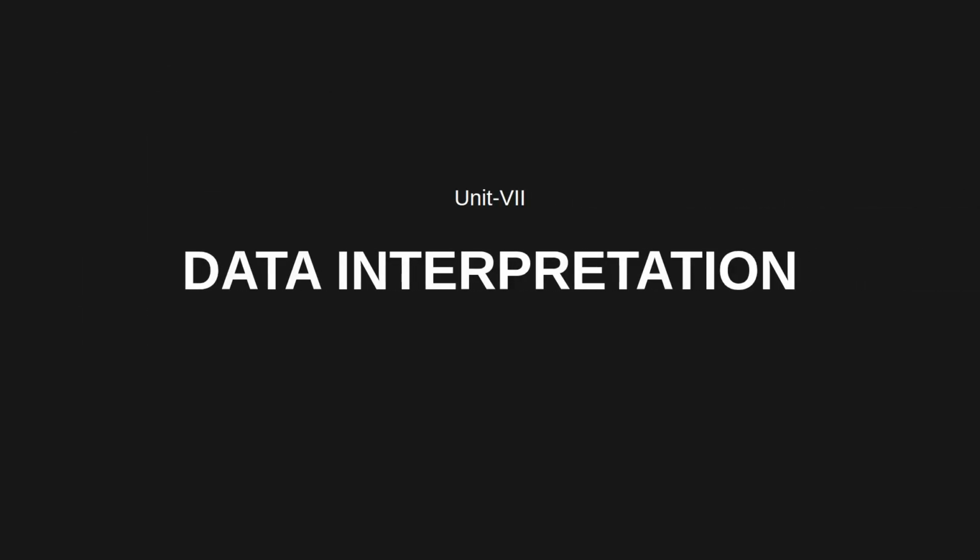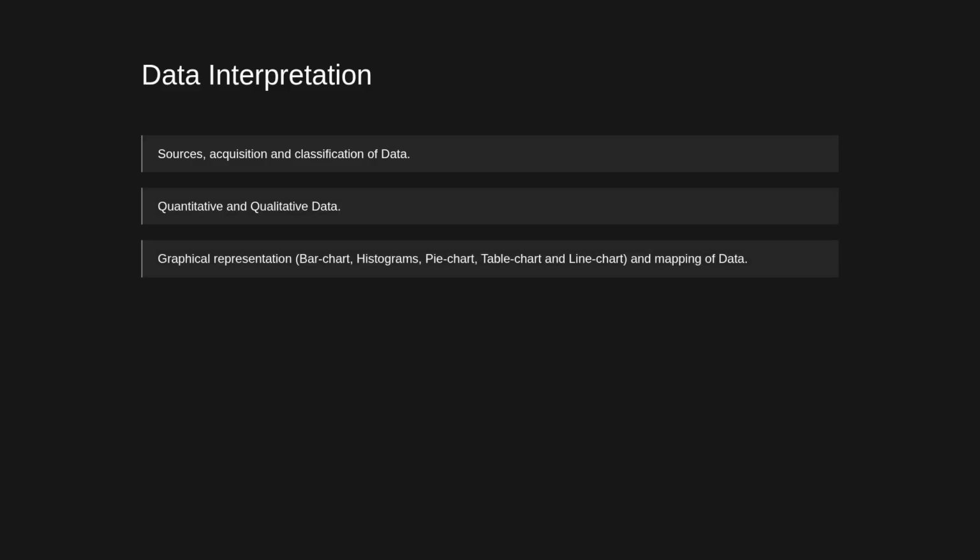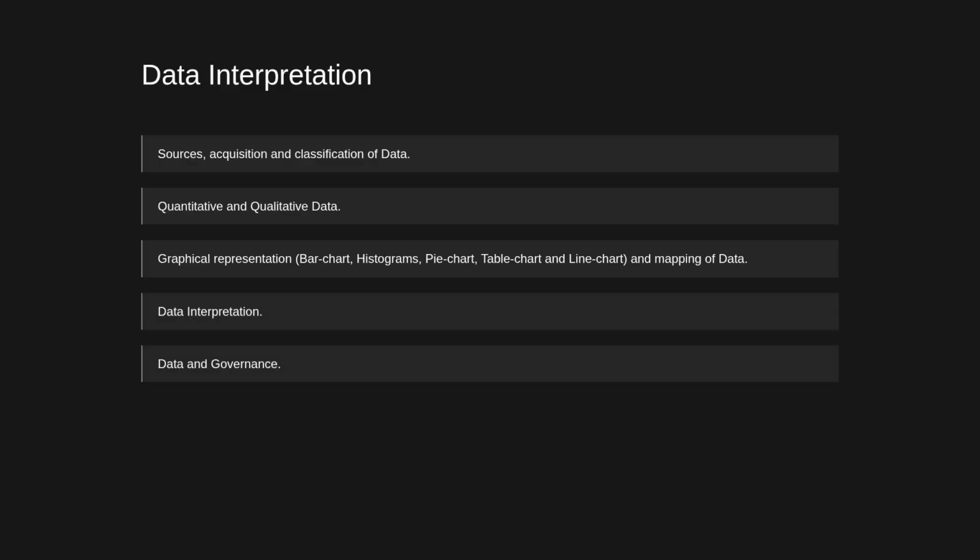Unit 7, data interpretation. In data interpretation, we have sources, acquisition and classification of data, quantitative and qualitative data, graphical representation, bar chart, histogram, pie chart, table chart and line chart, and mapping of data, data interpretation, data and governance.